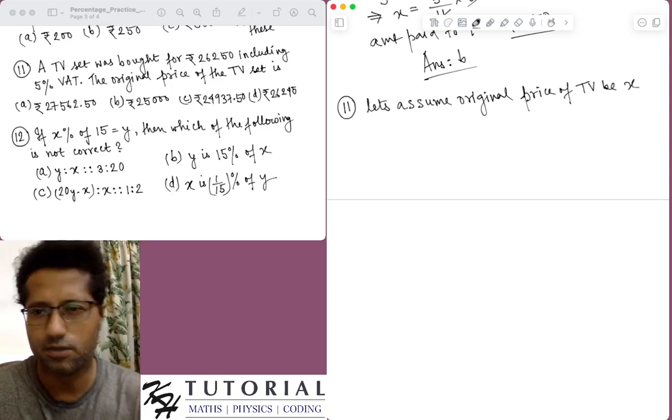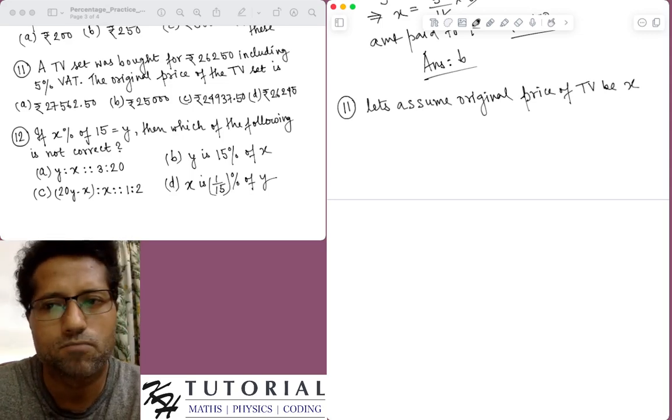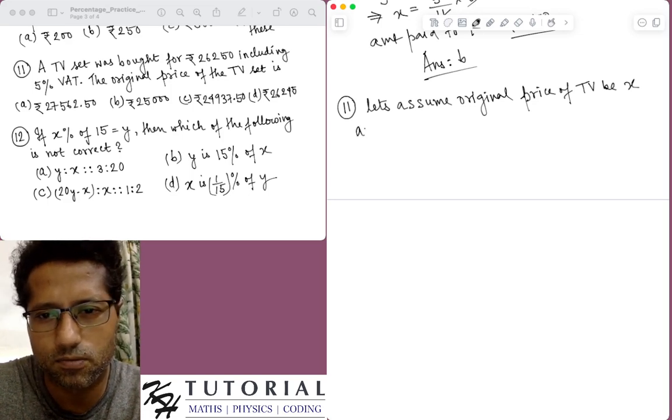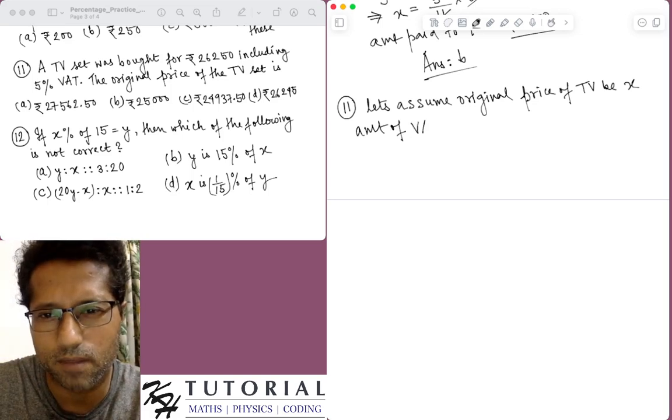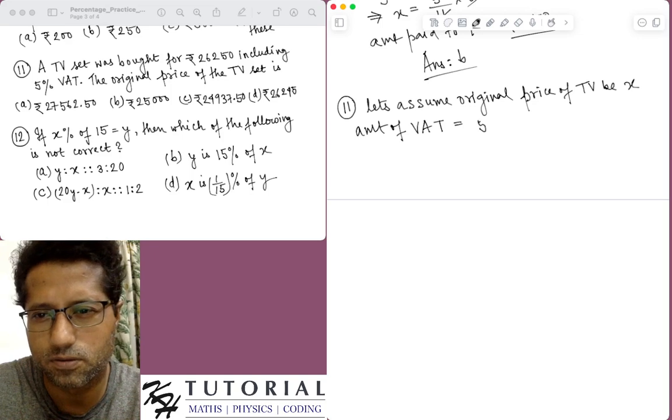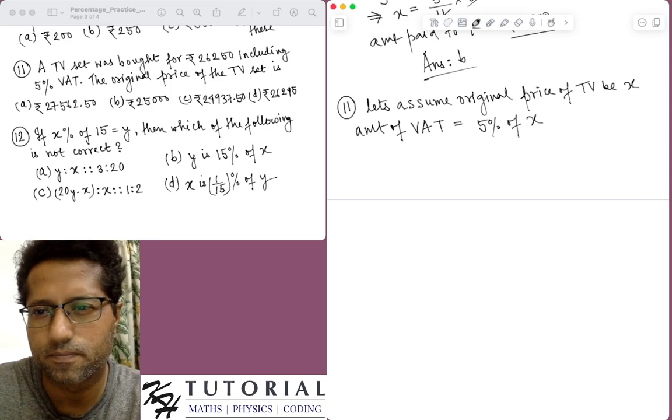Now the amount of VAT is equal to 5% of the cost price, definitely. So this is 5 by 100 into X. If we simplify this, it is X by 20.